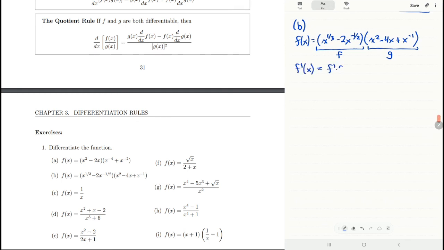So f prime times g plus f times g prime. The derivative of f is 1/3 x to the negative 2/3 minus 2 times the derivative of x to the negative 1/2, which is negative 1/2 times x to the negative 3/2.